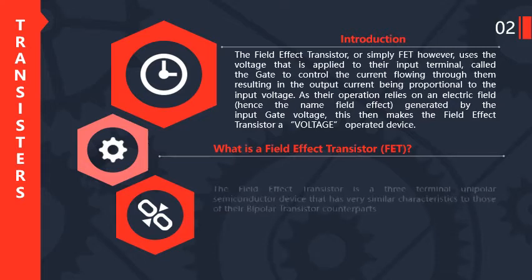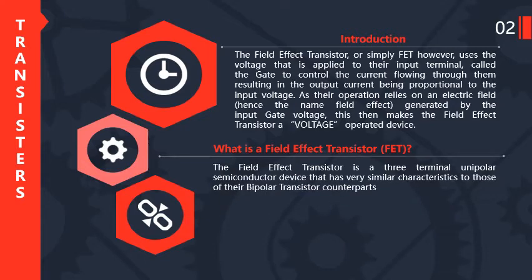What is field effect transistor? The field effect transistor is a 3-terminal unipolar semiconductor device that has very similar characteristics to those of their bipolar transistor counterparts.